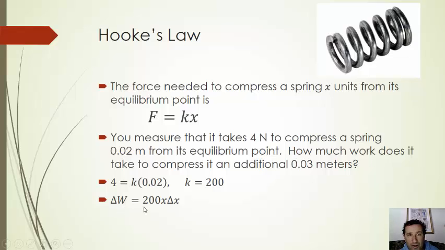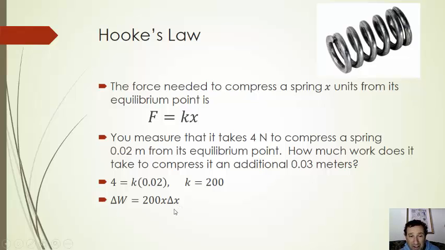So delta W is equal to the force, which is 200x, because F equals kx, and k was 200, times that little bit of distance I traveled, and we call that delta x.